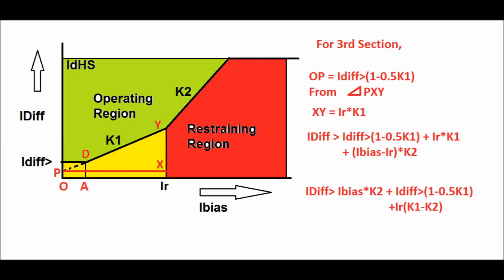This condition must be satisfied for values of the bias current greater than IR, and up to the value of the differential current IDHS. If the differential current is greater than IDHS, then it will not depend on the value of the bias current. So this is the region for the third slope.